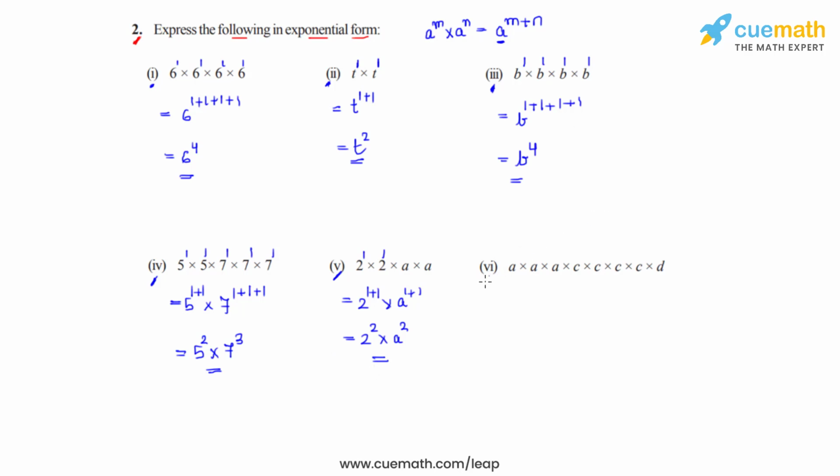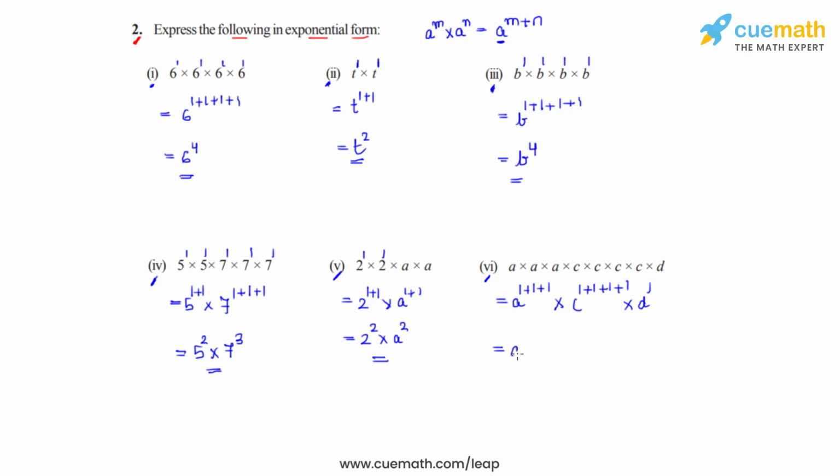The last bit is the sixth bit, wherein we have 3 different terms here. So we have a which is multiplied 3 times. So we will write it as a raised to 1 plus 1 plus 1 times c raised to, c is multiplied 4 times. So we'll write c raised to 1 plus 1 plus 1 and plus 1 times d raised to 1, because d is only 1 time.